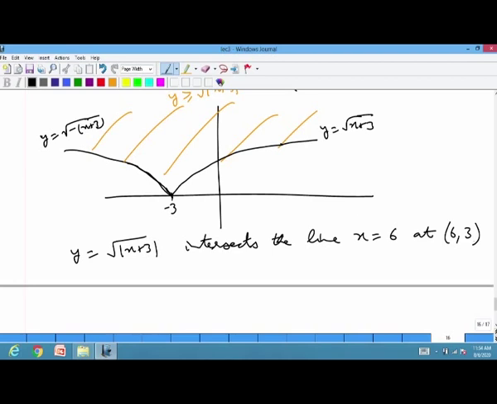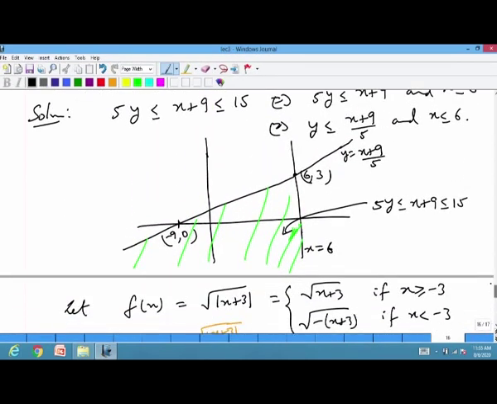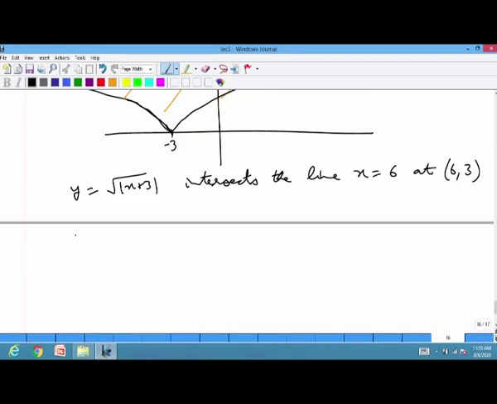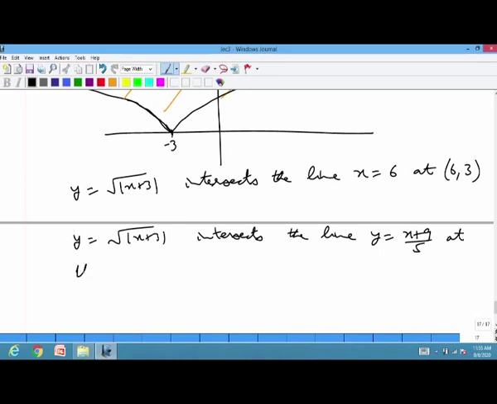So, at (6, 3), which note is also the intersection of these two straight lines, and the line y equal to (x plus 9) by 5 at the points (minus 4, 1) and (1, 2).